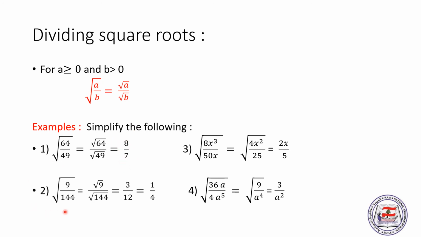In example 2, square root of 9 over 144 gives square root of 9 over square root of 144. Since 9 is the perfect square of 3, we can directly write the reduced answer of the radical.